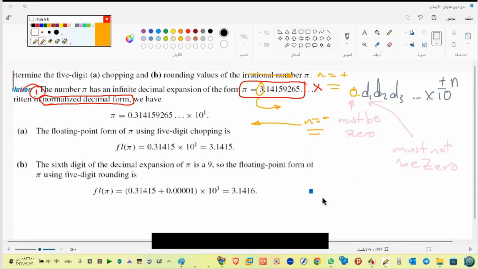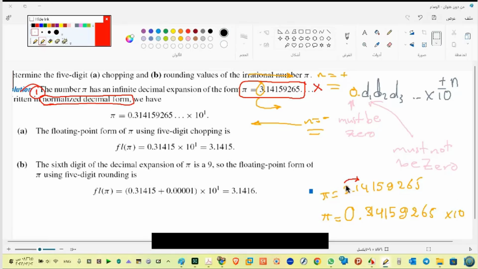Okay, now let's start. It's pi: 3.14159265. This is not correct; I need the normalized decimal form. So pi will be 0 dot, and this 3 will go inside. So it is 0.3141592 65 multiplied by 10 exponential.